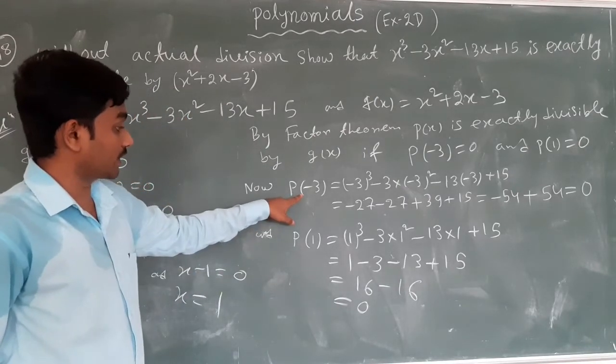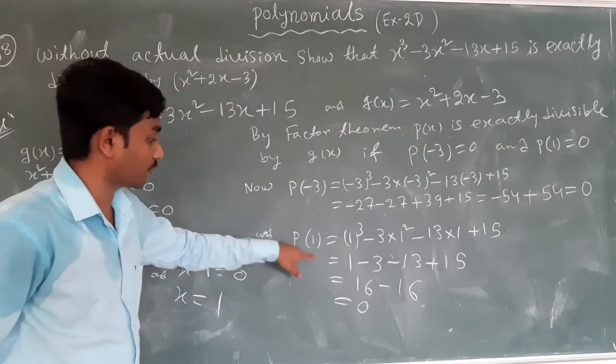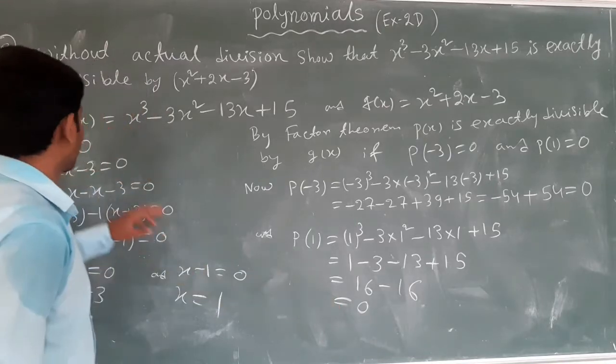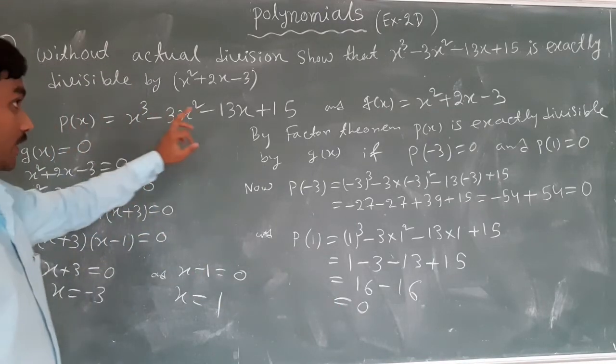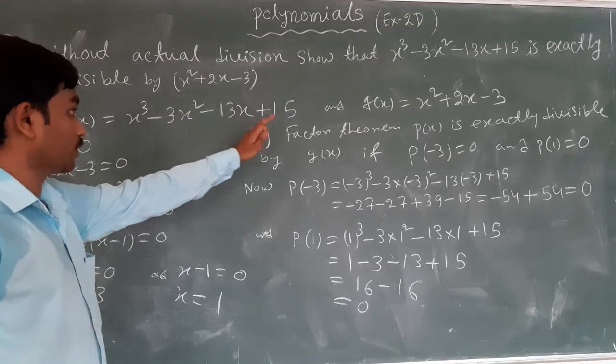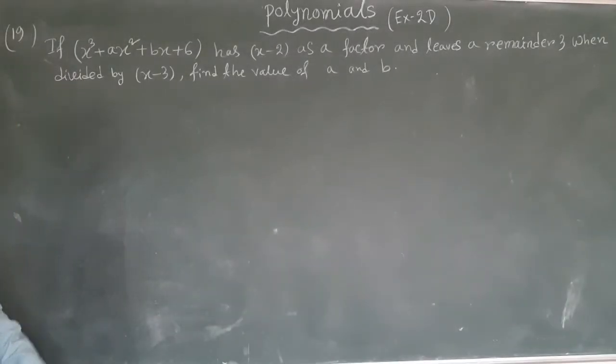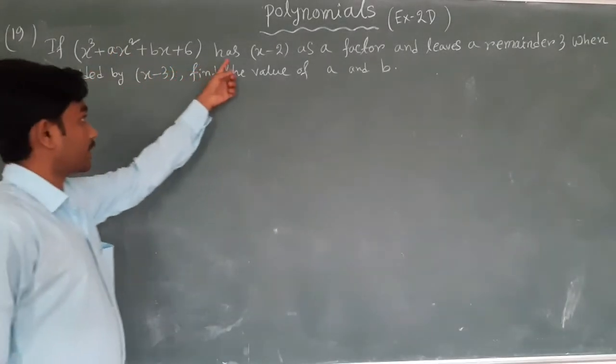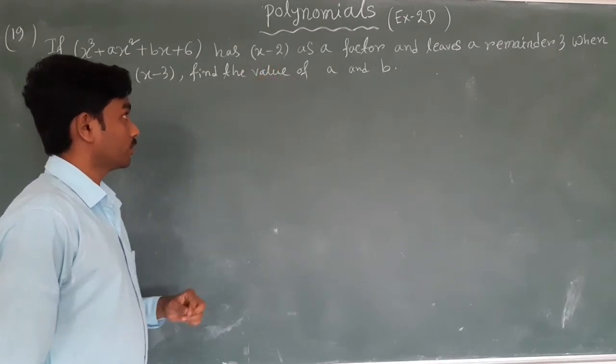Hence p of minus 3 equal to 0 and p of 1 equal to 0. So p(x) is exactly divisible by g(x).